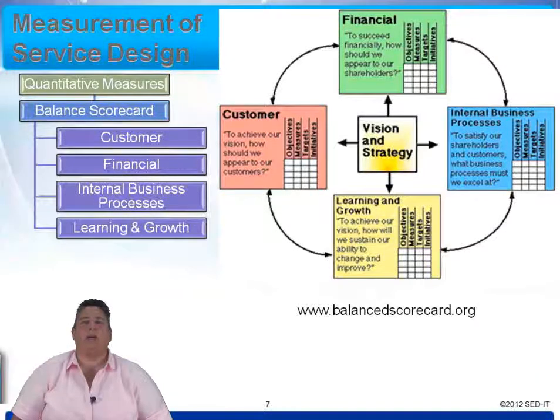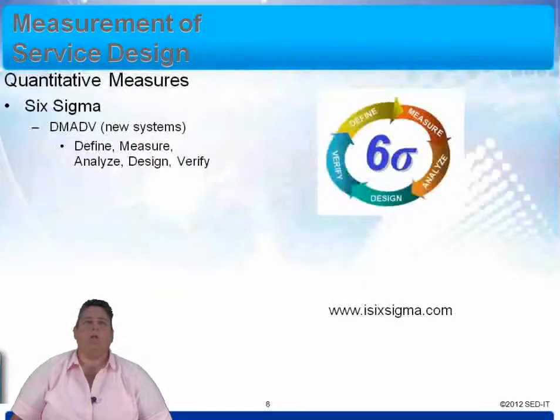It will look at the customer, financial, internal business processes, as well as learning and growth areas as they all relate to the organization, vision, and strategy. For more information, go to the website www.balancedscorecard.org.